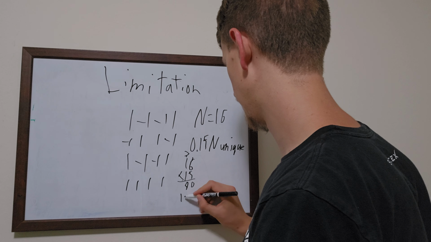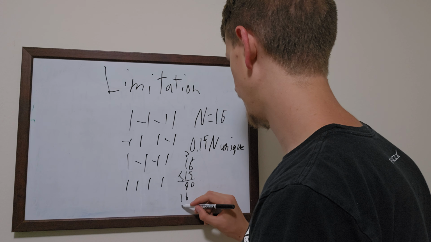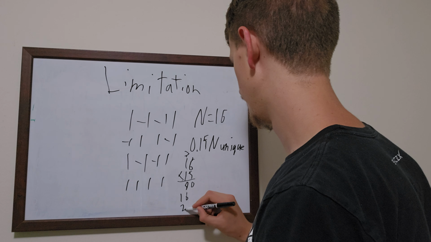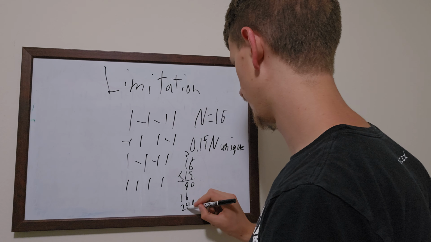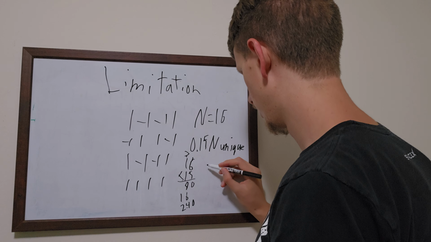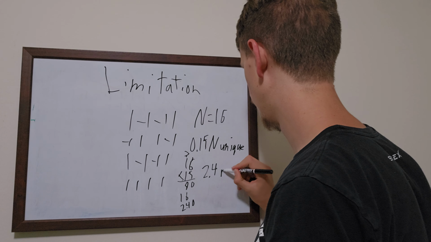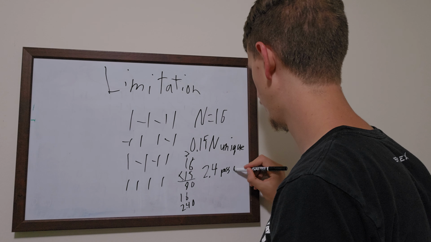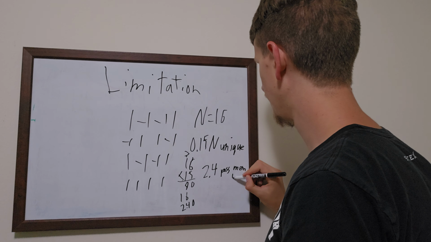So we have 2.4 possible entries. So 2.4 possible memories.